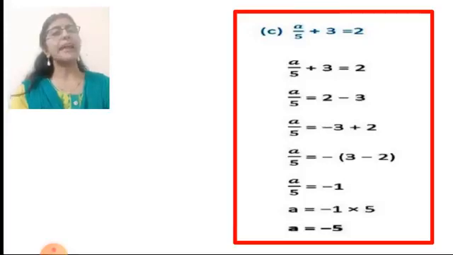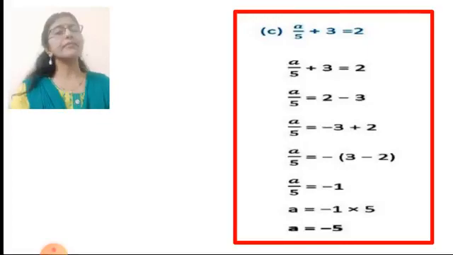As you are taking minus outside, 3 is inside the bracket, and then minus 2 we will write inside the bracket, because you know minus into minus is plus. And you know 3 minus 2 is 1, and the minus sign is common to both of them. So we'll write a upon 5 is equal to minus 1.